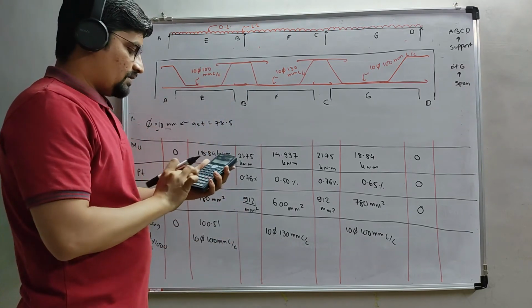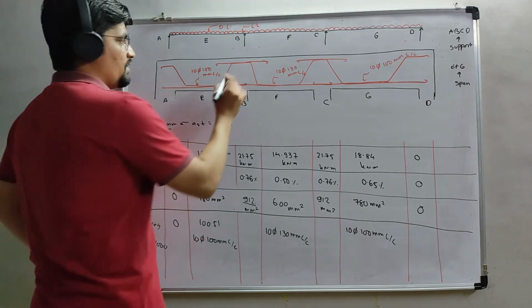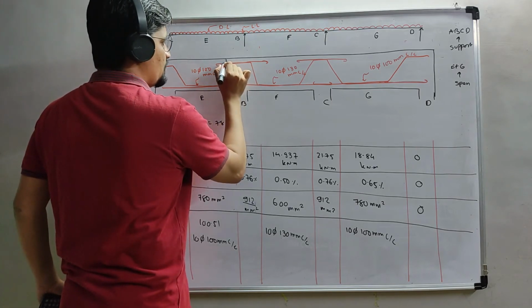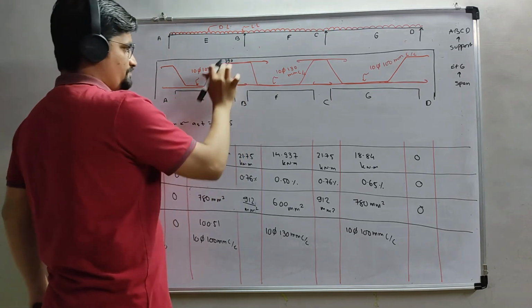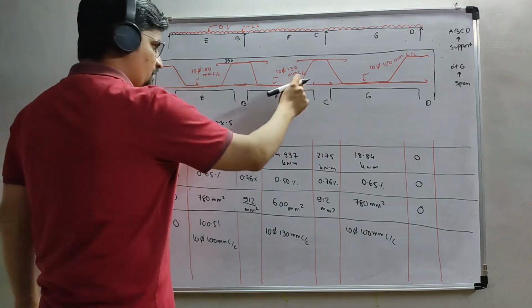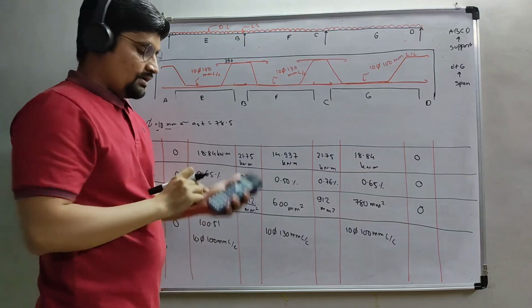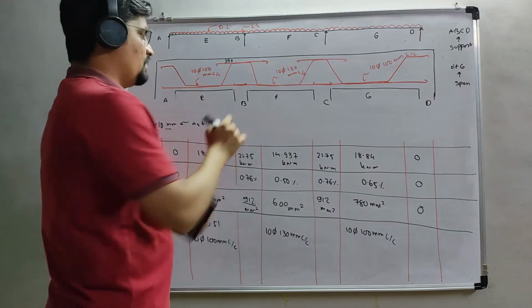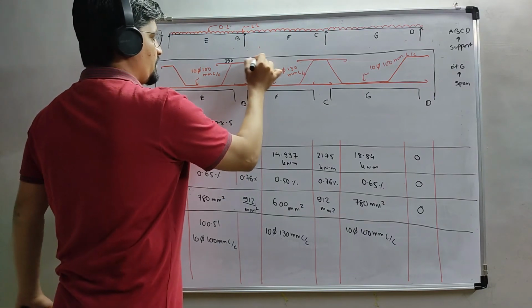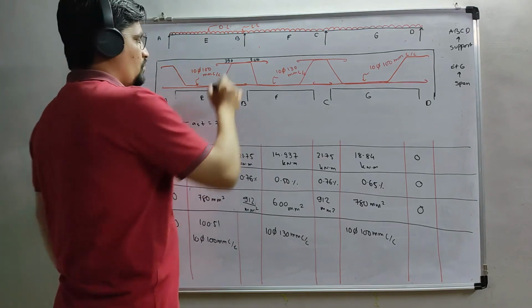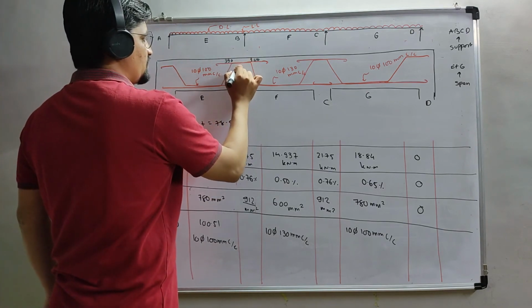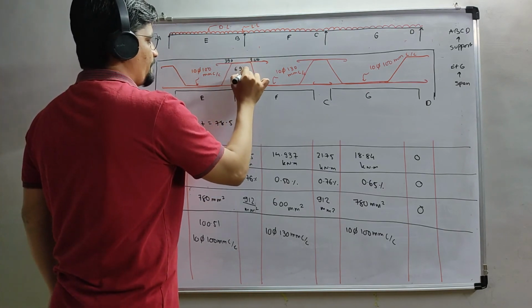So 780 by 2, here we get 390 from this side, and here it is 600. So half of 600 is coming here. So 600 by 2 means here it is coming 300. So total we are getting 690 mm square.